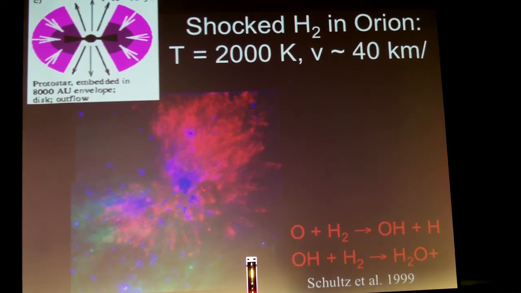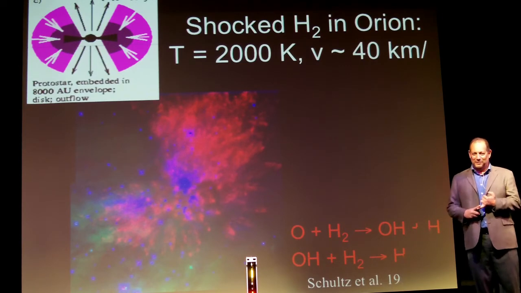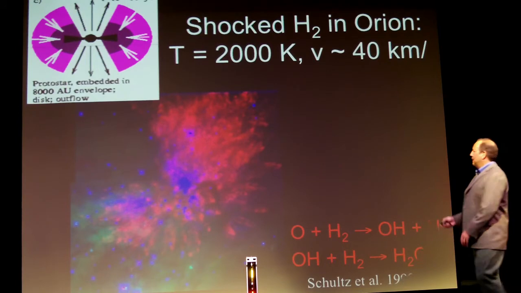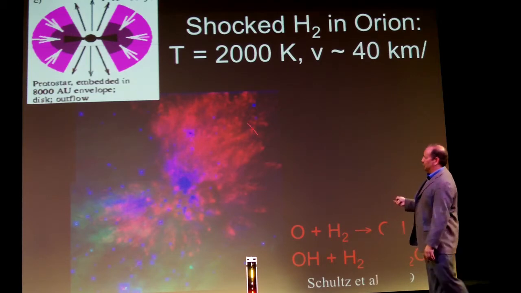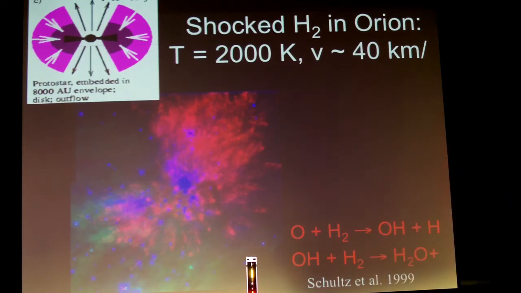And we know from the spectra of this hydrogen that it's dense, about 1 million particles per cubic centimeter, dense for an interstellar cloud. And we also know that its temperature is about 2,000 degrees. Not 10 degrees, but 2,000 degrees. And the interpretation of this was that the fast-moving material coming out of this newly formed star was crashing into the surrounding cloud and creating what we call shock waves.